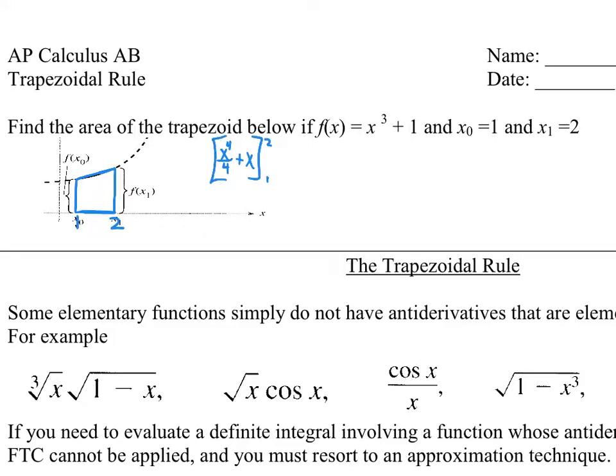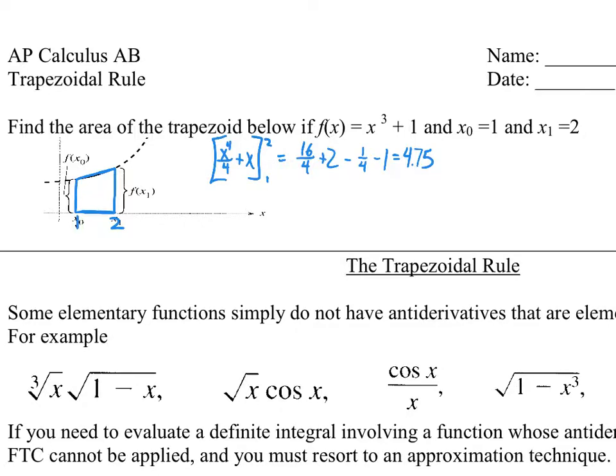And if I did that, that would be 16 over 4 plus 2 minus 1/4 minus 1. So that would be 6 minus 1 1/4, which is 4 3/4. That's what the area under the curve actually is.